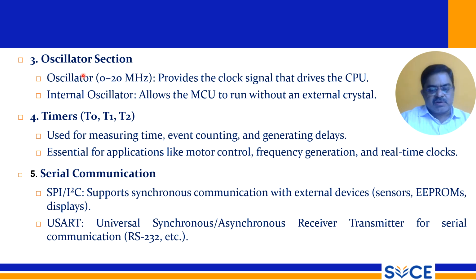Except for the PIC microcontroller we discussed, almost all recent PIC microcontrollers from the PIC family have internal oscillators. Timers: there are 3 timers, T0, T1 and T2, used for measuring time, event counting and generating delays. They are essential for applications like motor control, frequency generation and real-time clocks.